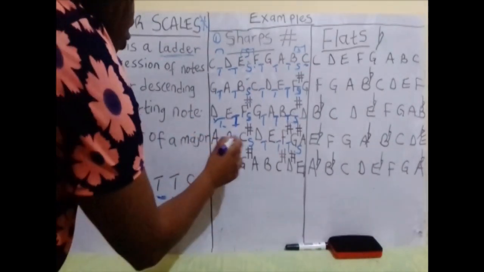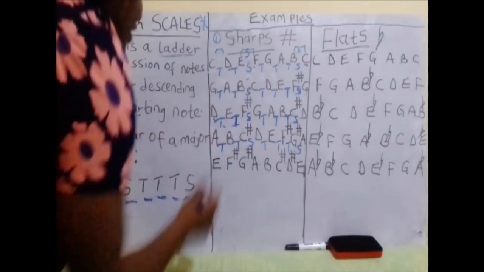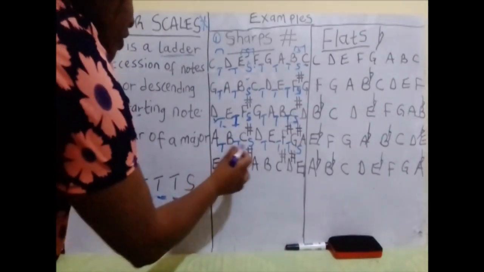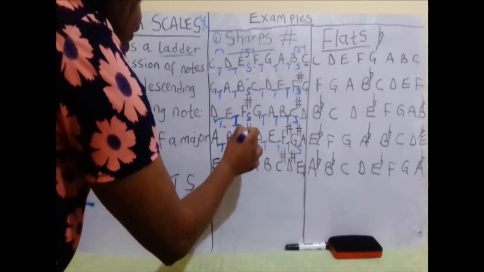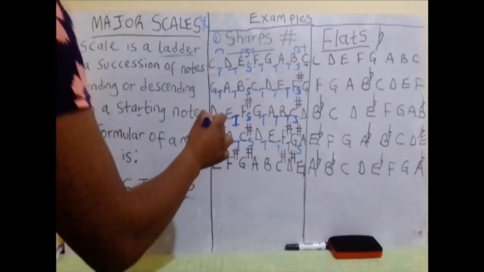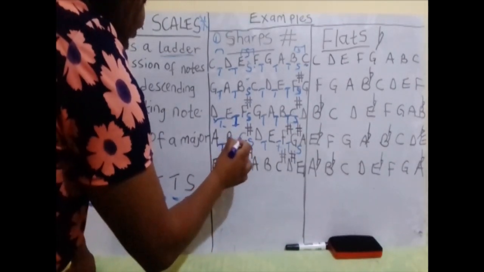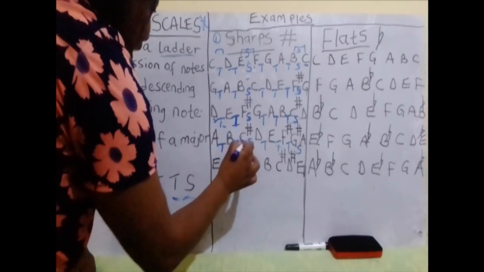But because we want to fit into the formula, now you must come here and raise that C so that the distance between B and C can be longer to accommodate this formula of tone. And then this distance will be shorter so that it can fit the formula. So you have a semitone there.